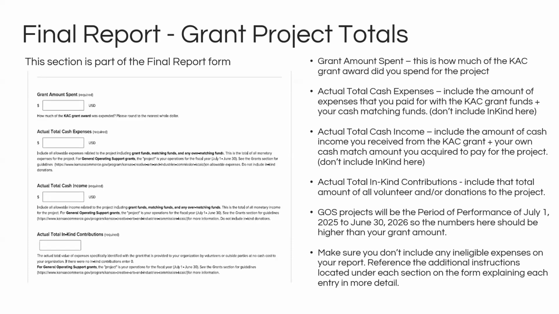The actual total cash income section includes all allowable income related to the project. And just make sure you include the money received from the grant funds, plus any money you receive from your own cash funds for the one-to-one match. So list your income, and then again, no in-kind is included here. Your actual total in-kind contributions section includes the actual total value specifically given as an in-kind donation.